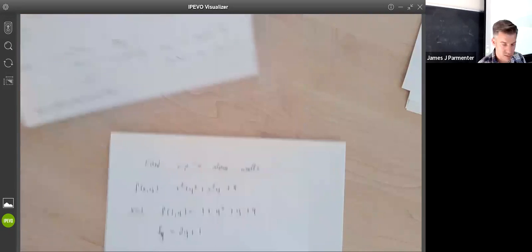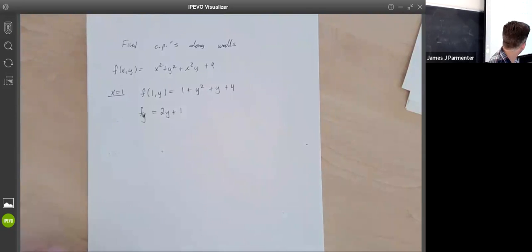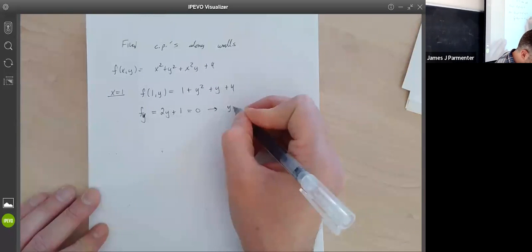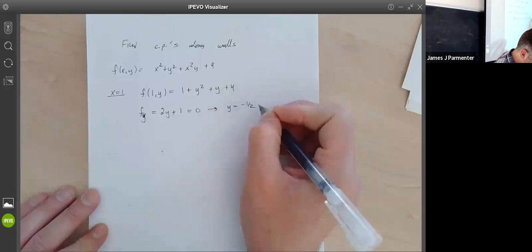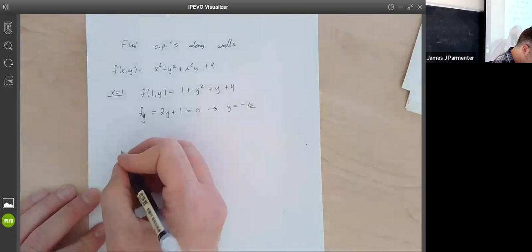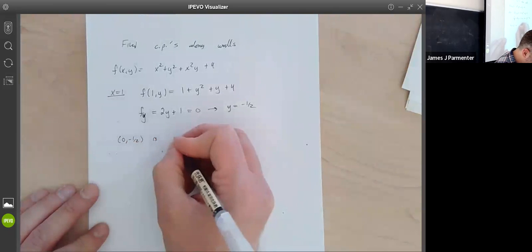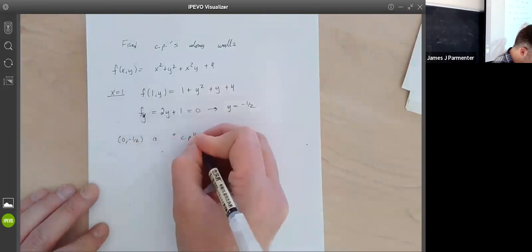Oh, sorry, thank you. No. And then we set that equal to 0, and we get y equal to -1/2. So along that wall, there's a critical point. It's a pseudo critical point is what I like to call it.